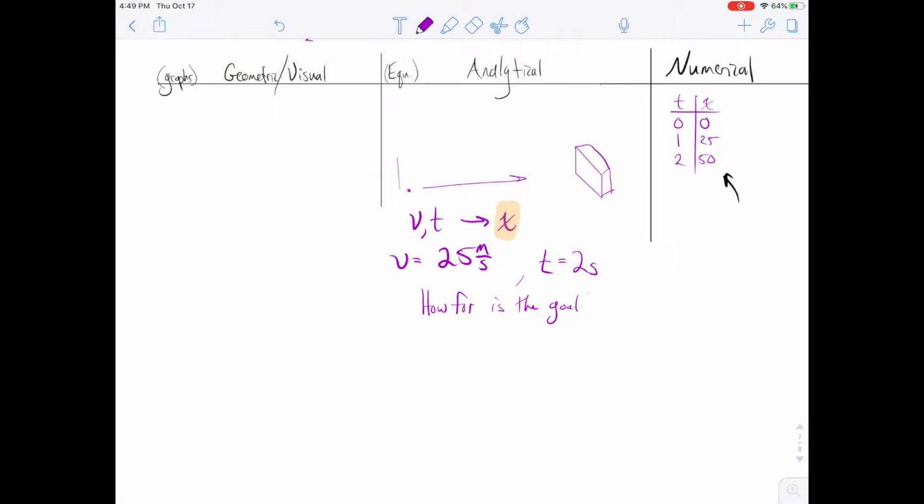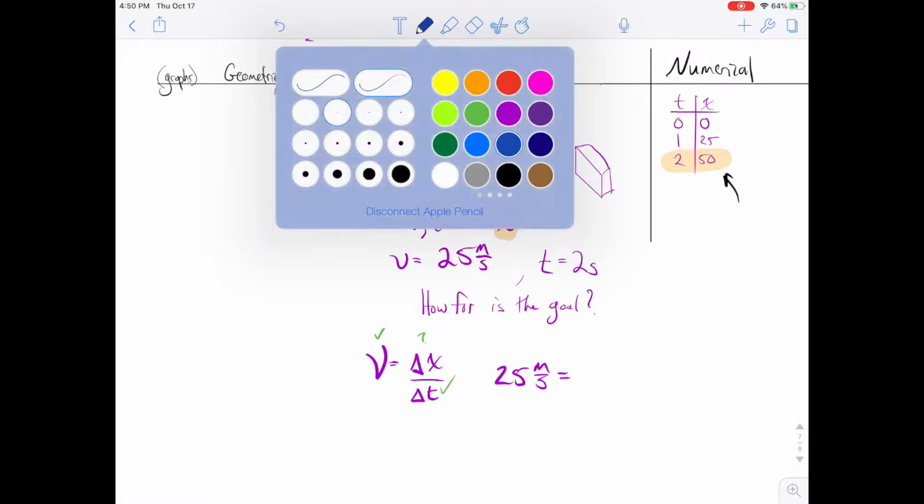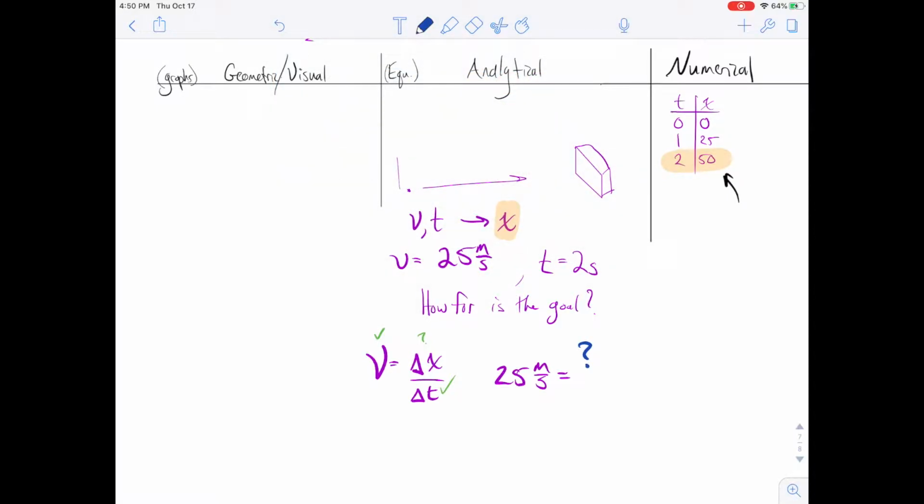So the question becomes again, how far is the goal? Method number 1 gives us 50 meters. Let's try method number 2, which is v equals delta x over delta t. Well, we know v and we know delta t and we don't know x. So in the way that some of you wrote, we could write it like this. 25 meters per second is our v. x, we don't know.